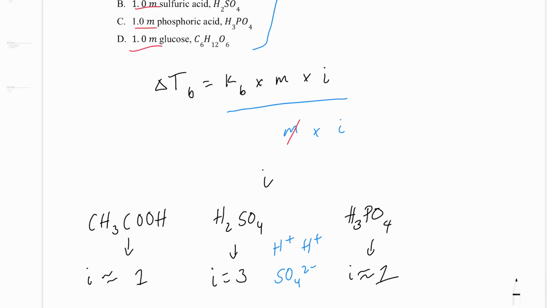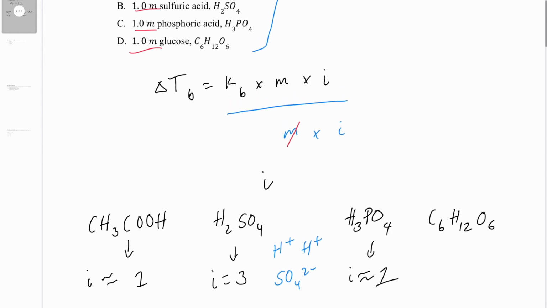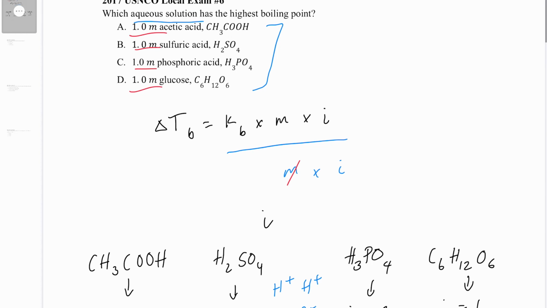And the last one, glucose, C6H12O6, is not even an electrolyte, so its Van 't Hoff factor is 1. So out of all these answer choices, H2SO4 has the highest Van 't Hoff factor, and therefore it has the highest boiling point. So our answer is B.